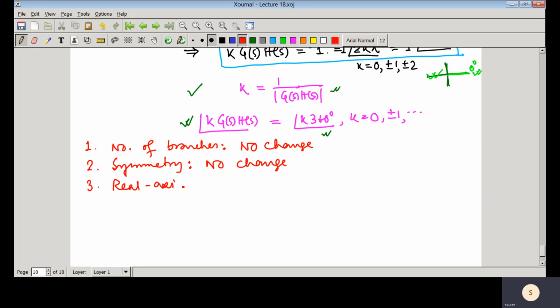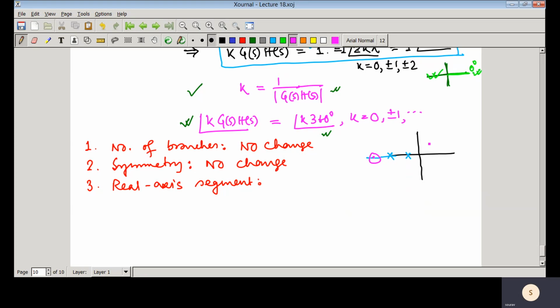Here there would be a change in the real axis segment, because you can understand that suppose you have a pole here and another pole here, and suppose you have a zero here.